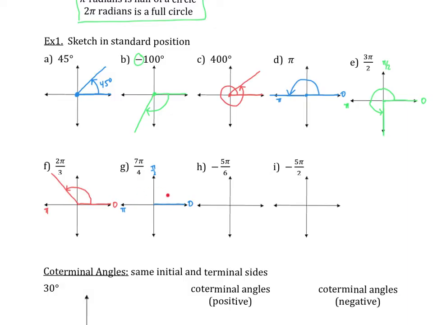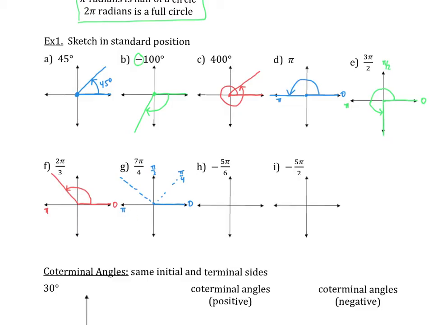If this is pi, if I divide this into 4, then realistically, this would be pi over 4 around here. This would be 2 pi over 4. This would be 3 pi over 4. This would be 4 pi over 4, which makes sense because this is pi.